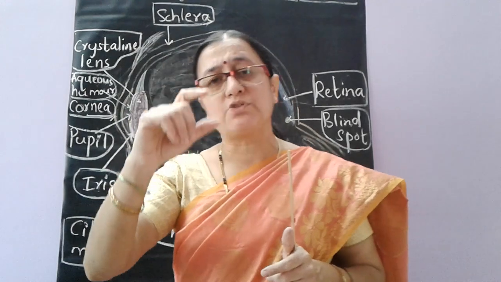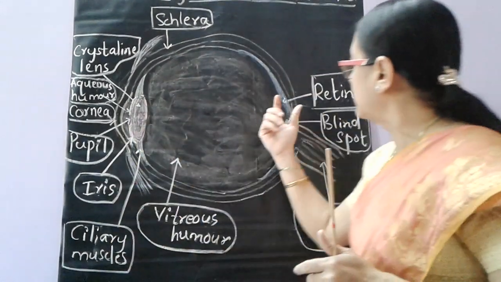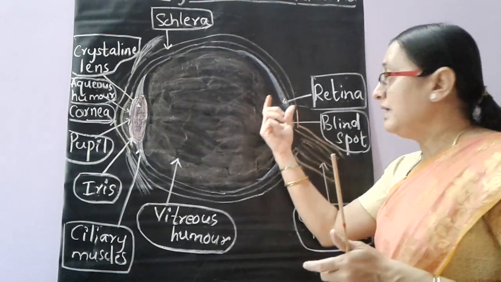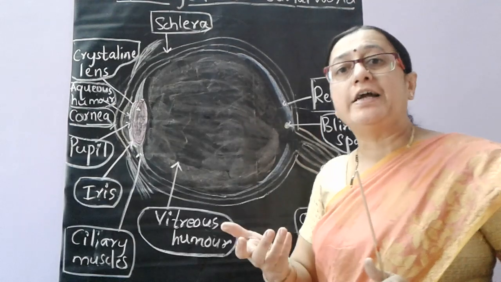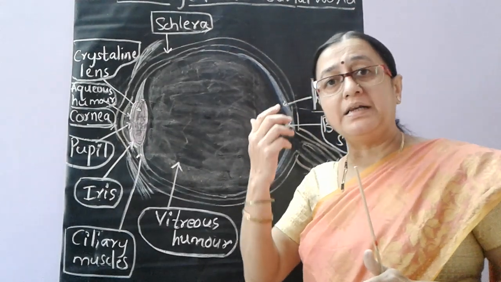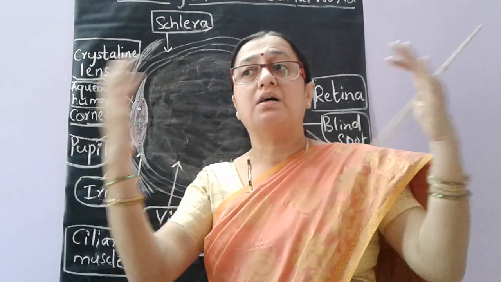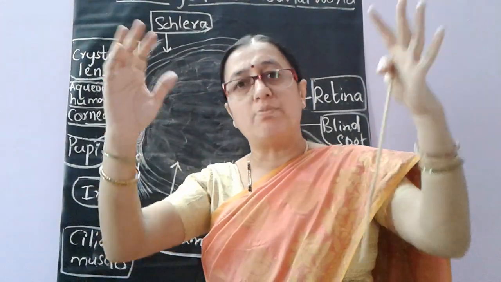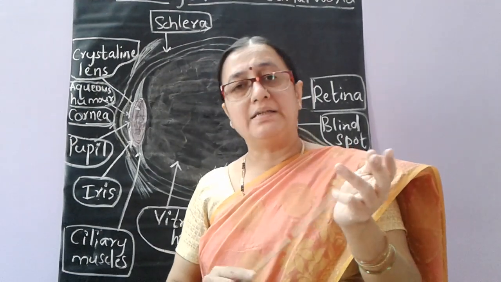The image which is formed will not have any colors. But when the image is formed on the retina after refraction, the rods and cone cells get activated, and we can make out the color of different images and how much light is present outside. Everything is understood by the rods and cone cells.